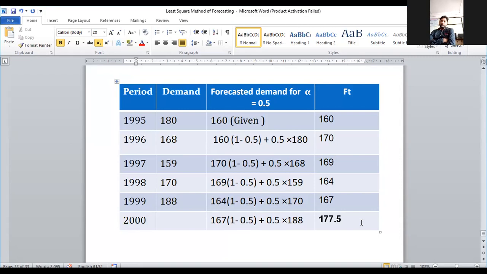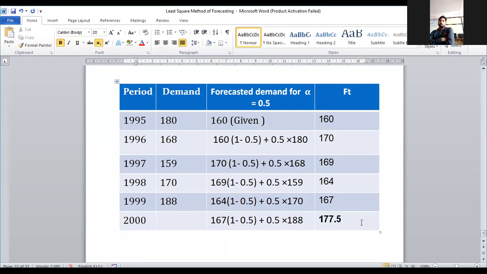But here you remember one thing: in case of linear regression, or regression analysis or least square method, we do not require the forecast of previous periods. In least square method, we consider only the actual demand, and we project the forecasted demand for the next period.